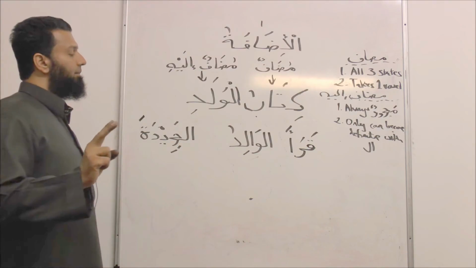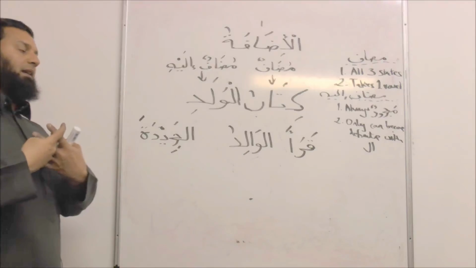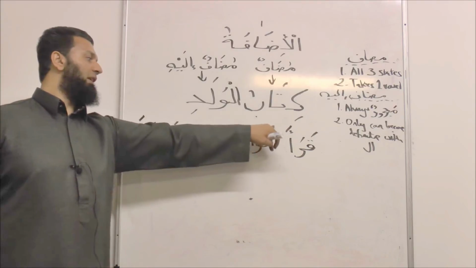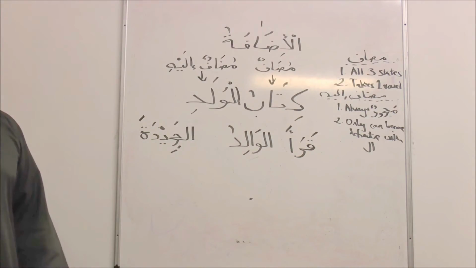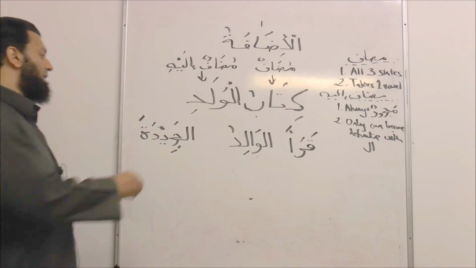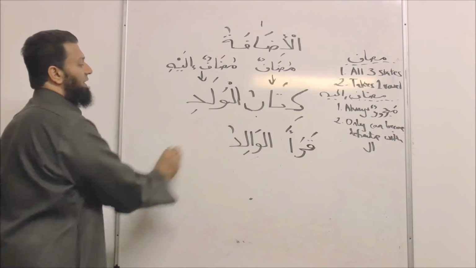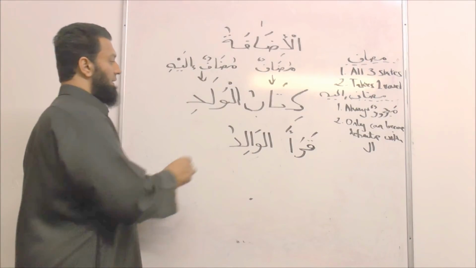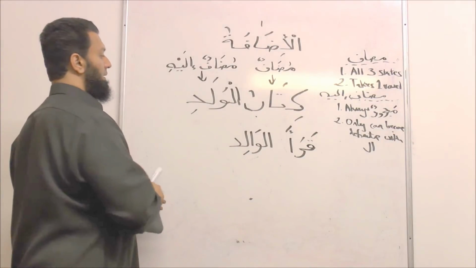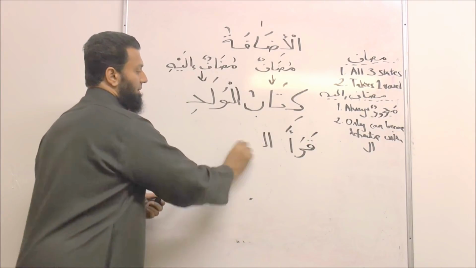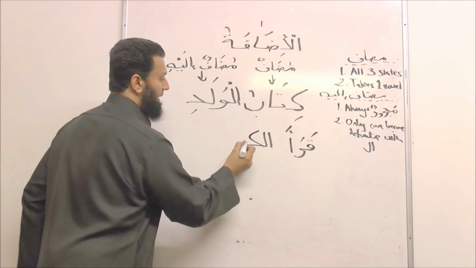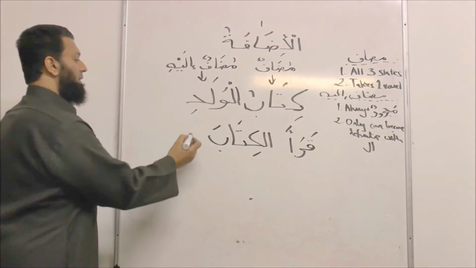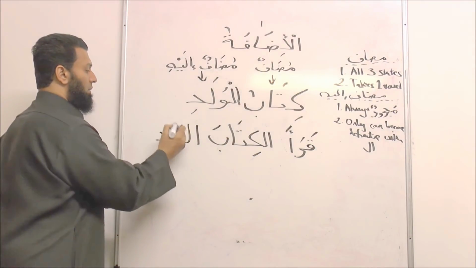So why now are we concerned about this? Because we have an ismun which is marfu'un. But just to illustrate the point, let's remove al-jaridata and let's say, this will make it clearer, kitaba al-waladu.